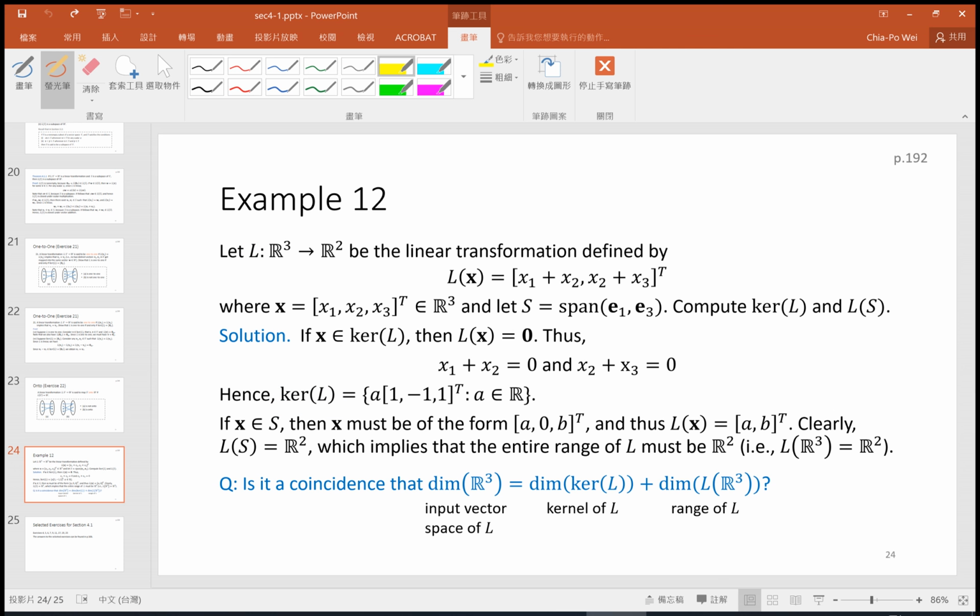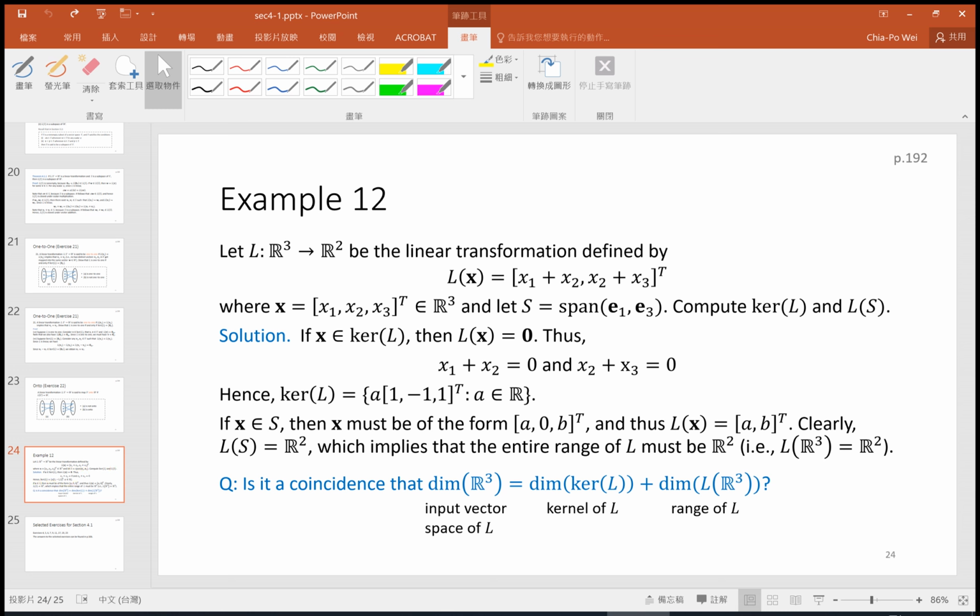Next, we compute L of S, the image of S under L. If x is in S, then x must be of the form (a, 0, b) transpose, because S is the span of e1, e3. e1, e3 are the vectors in the standard basis of R3.